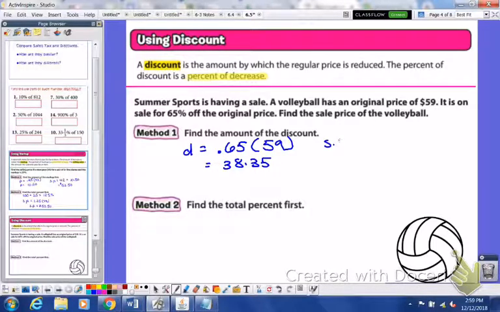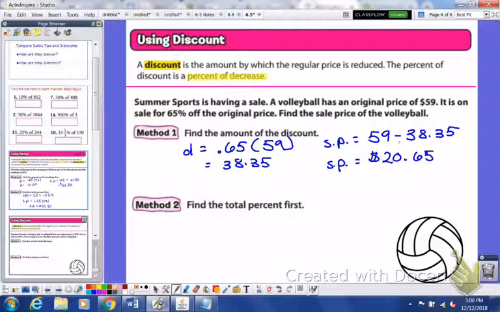So my selling price is my original, 59, minus 38.35. So my selling price, which you're going to pay with a 65% discount, would be $20.65. So find the discount, subtract it from the original.